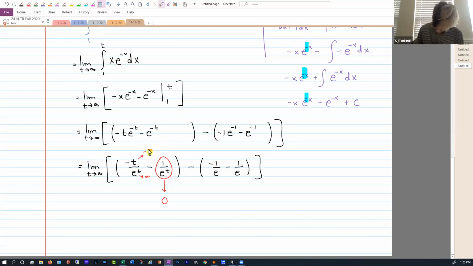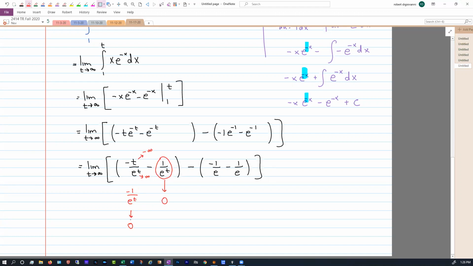So we have infinity over infinity, right? L'Hopital. The derivative of the top would be negative 1. The derivative of the bottom would be itself. And now run the limit again. So what would happen to this limit here? That would go to 0. So that goes to 0, that goes to 0, right?